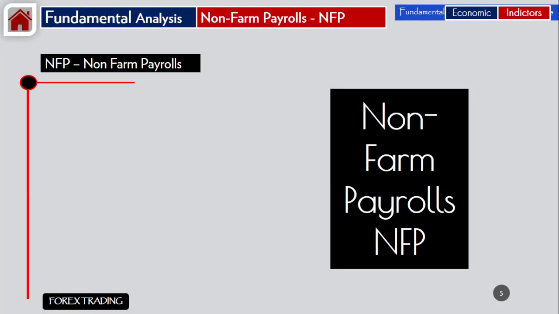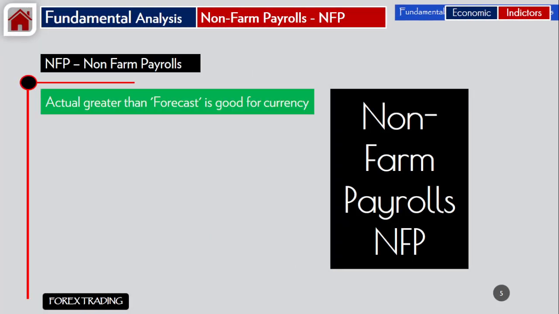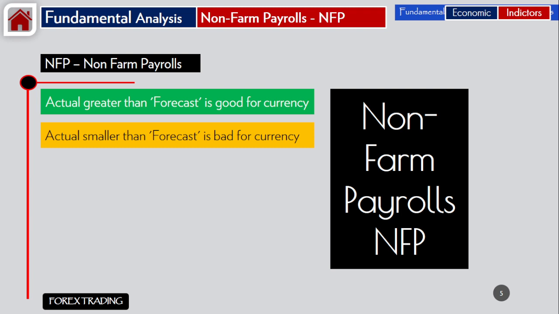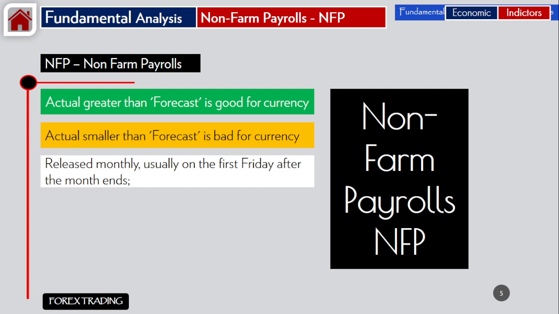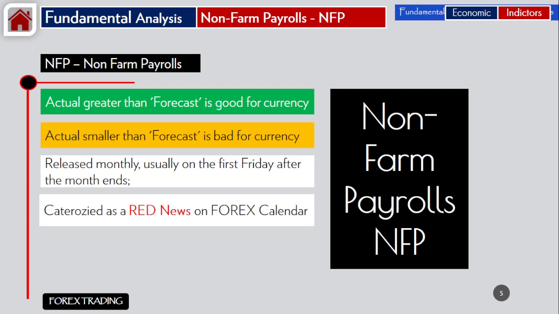So what do the NFP figures tell us? If the actual figures are greater than the forecast, then it's good for the currency. If actual figures are smaller than the forecast, then it's bad for the currency. It is released monthly, usually on the first Friday after the month ends, and it is categorized as red news on forex calendars.